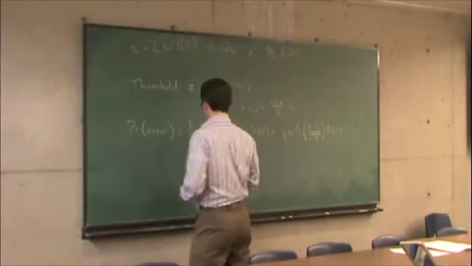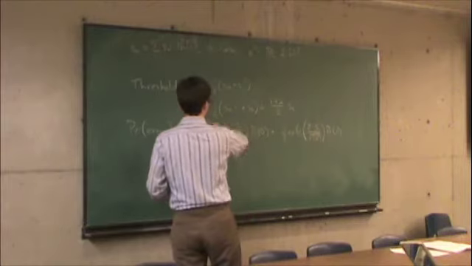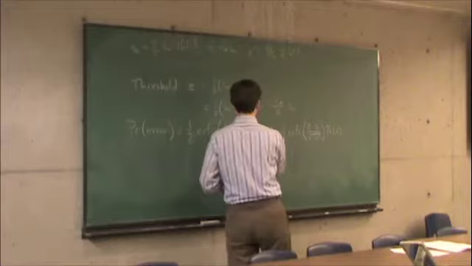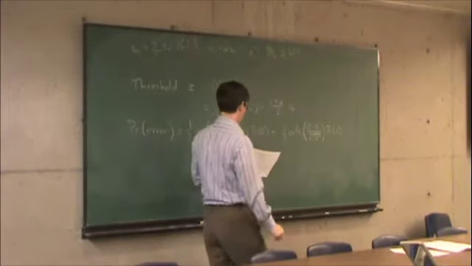And remember the interpretation here, this is the probability of error given that a 0 was sent. This is the probability of error given that 1 was sent, so we marginalize it for both 0 and 1.